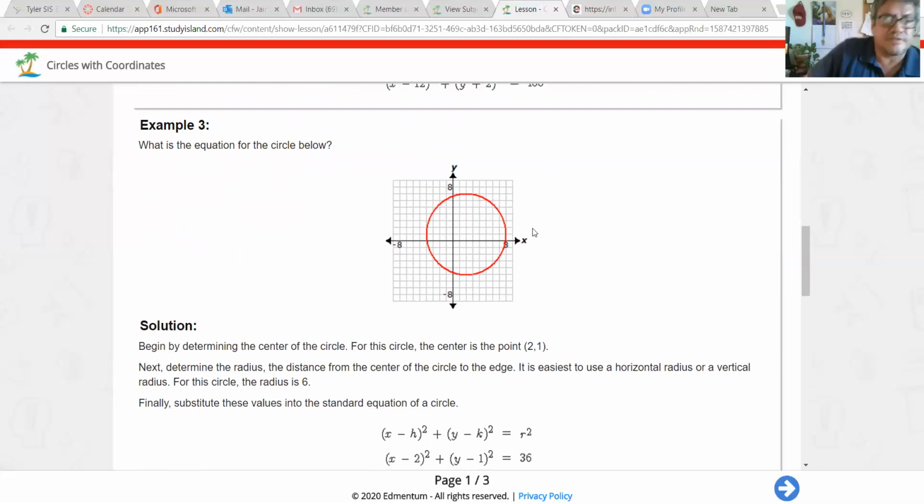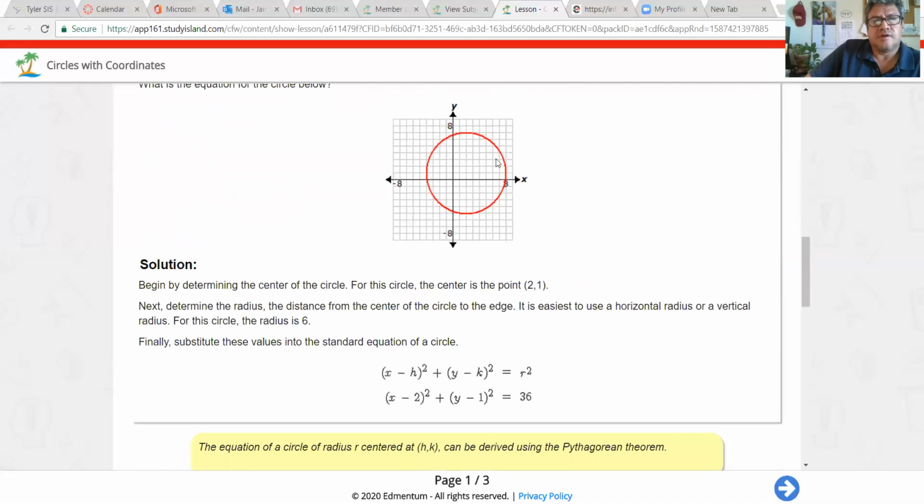So for example number 3, the equation of the circle below. All right, so they give you the actual graphing, and so what you want to do, they already marked out there's 8, one lands on 8 there, but you know that the center is going to be more or less at (2, 1), which, yep, that's what it says.